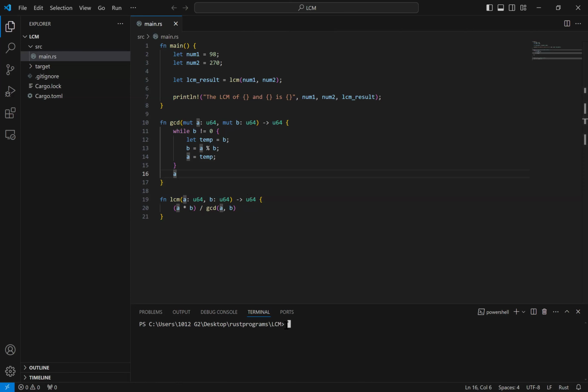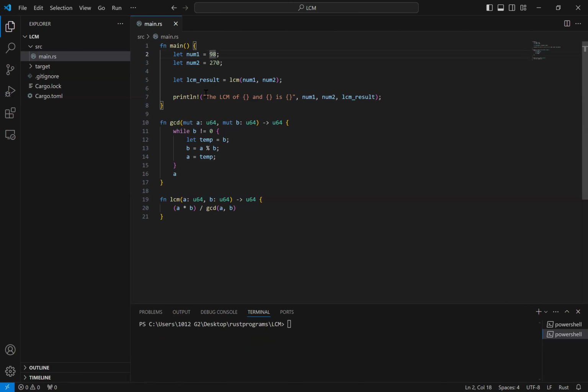Let's find out if it gives us the LCM. It is telling us that the LCM of these two numbers, this is why it has written the result, is 13 to 30. Okay, let's try a smaller number that we know.